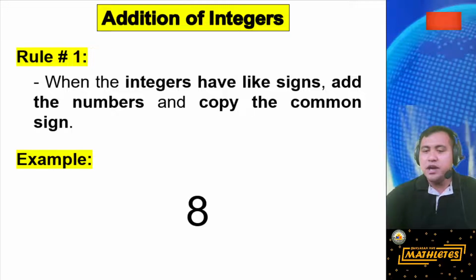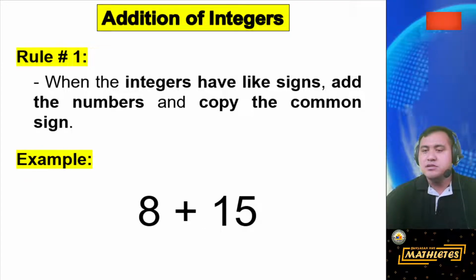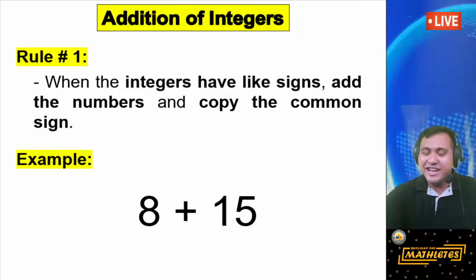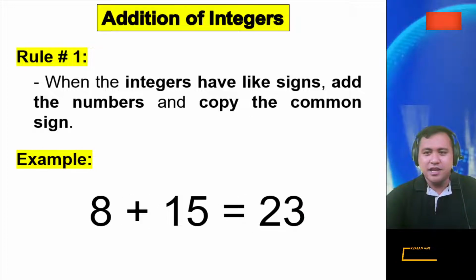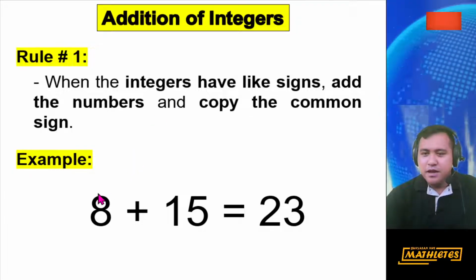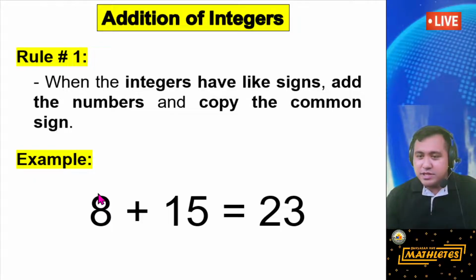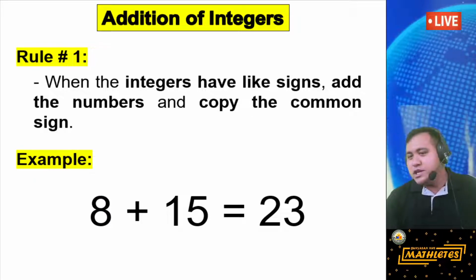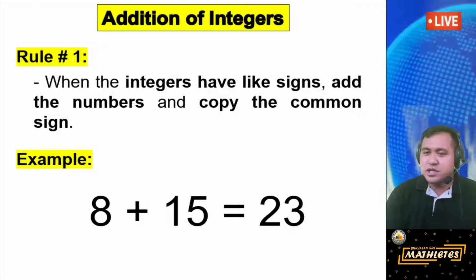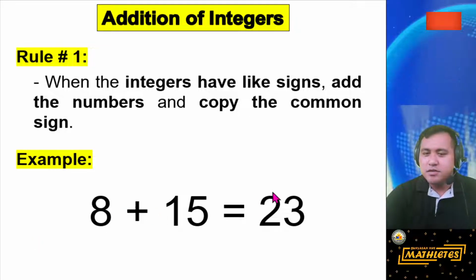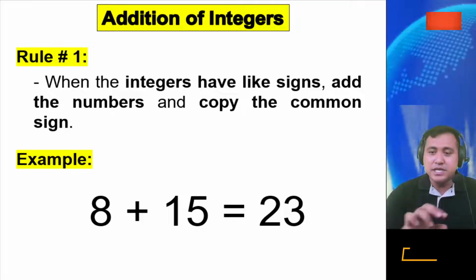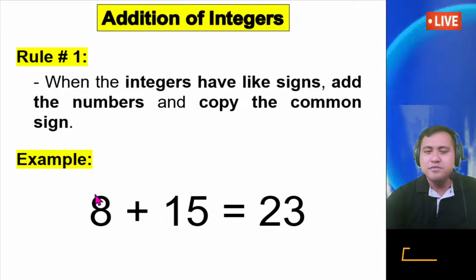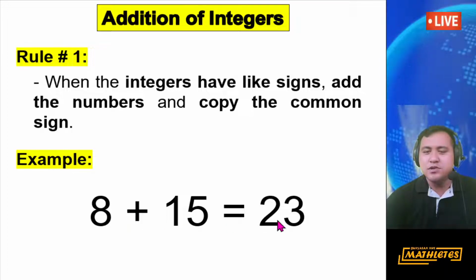For example, positive 8 plus 15. Sa inyo elementary na, no? 8 plus 15 equals positive 23. As I've said, na-discuss na sa inyong math teacher sa elementary ang mga numbers, but naa ra mo tanan sa mga positive, di ba? So 8 plus 15 equals 23.